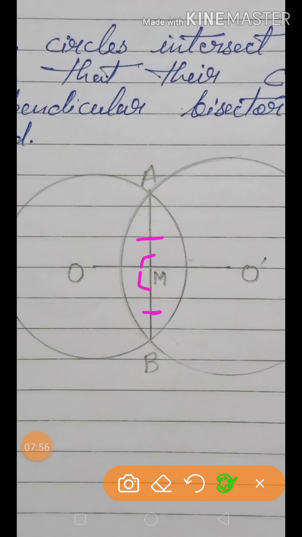Means this is the perpendicular bisector of AB, dividing AB into two equal parts, AM and BM, and also making a 90 degree angle here, means perpendicular also, and this is the line OO dash, means these are the centers of the circles.